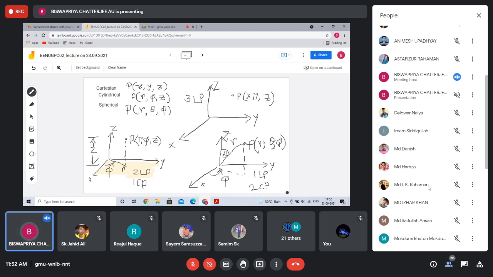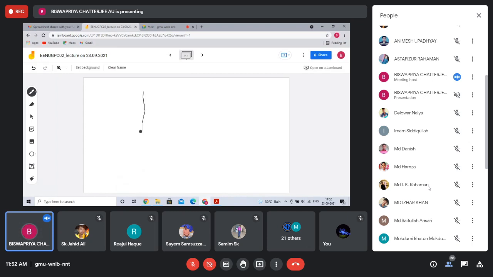So the immediate question is: if today any one of you or anybody else comes up with the conception of a new coordinate system, let us say XYZ is our reference frame, and someone has come up with a new coordinate system, let us say alpha beta gamma.